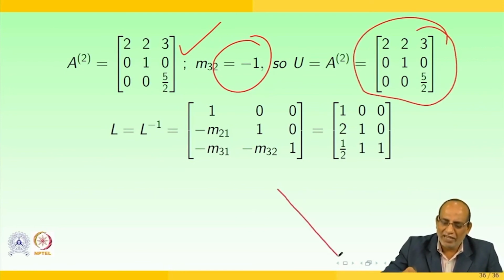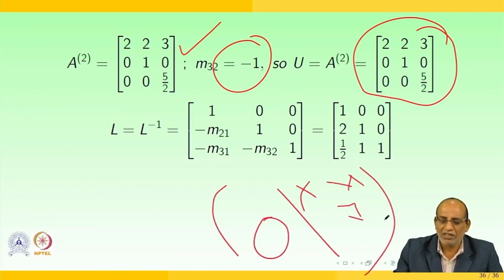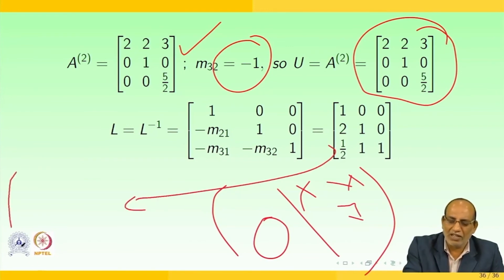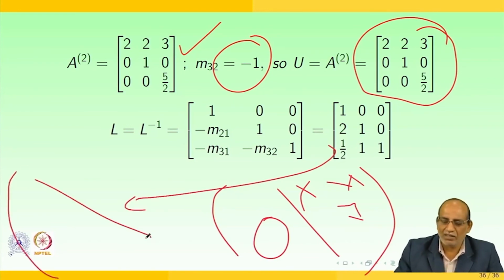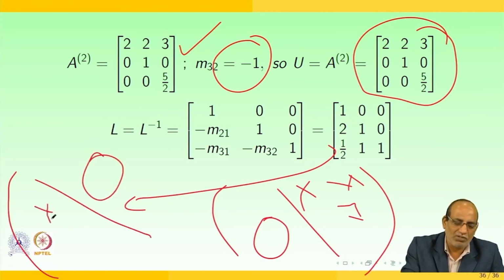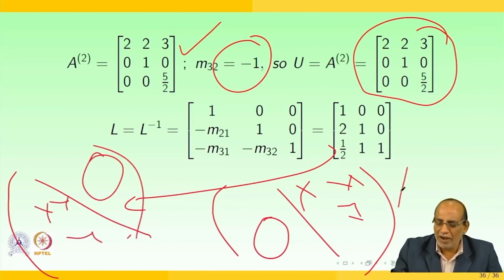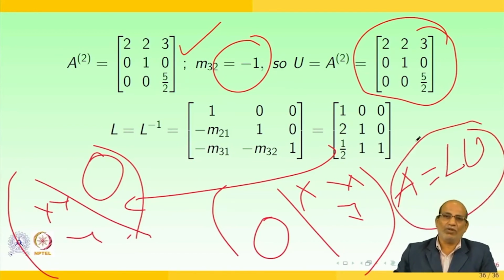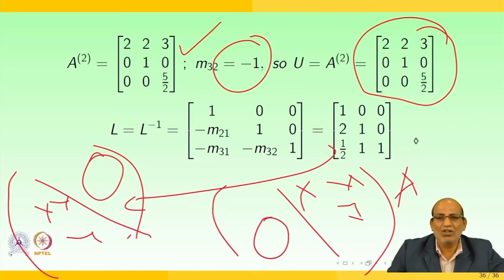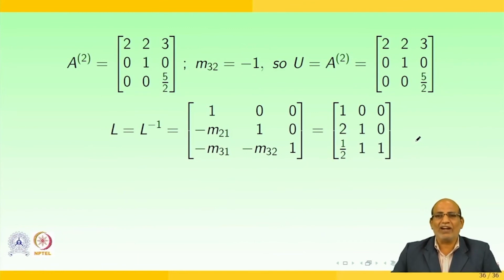That means before the main diagonal the entries will be 0, and after it there are non-zero elements. Similarly, the lower triangular matrix, you see here, this is the main diagonal, above it will be zeros and these are all non-zeros. So the matrix A can be written as the product of two matrices, L into U. Whenever you are given the coefficient matrix, we can try to decompose A as the multiplication of L and U. L is called the lower triangular matrix and U is called the upper triangular matrix.